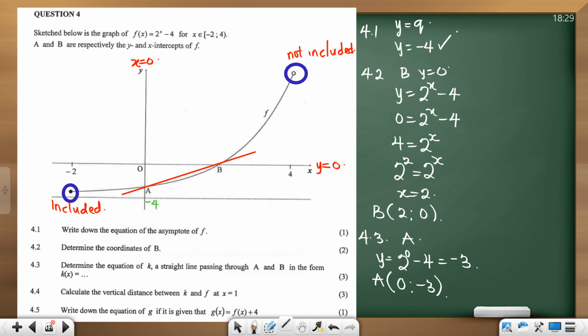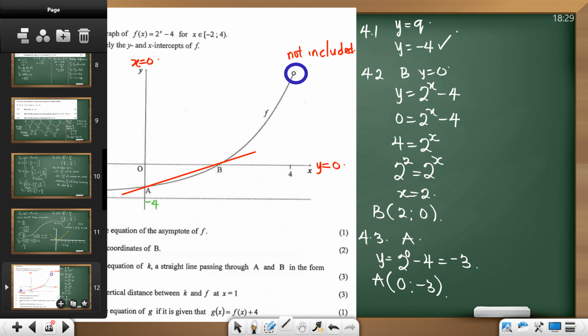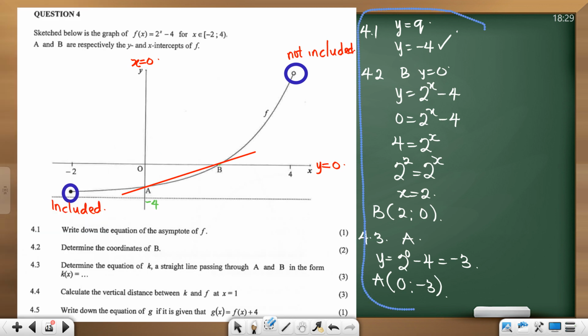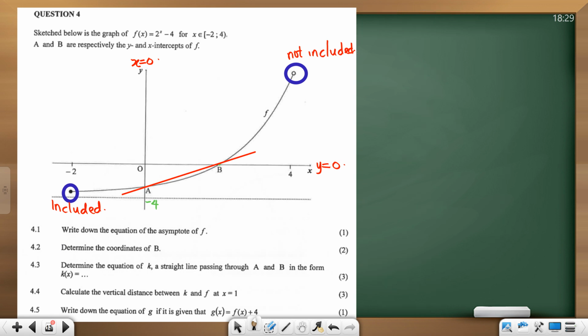Now, can we get the equation of the line K? We now know our A and we know our B. We are looking for the equation of that line. So we know our A as what? What is B, by the way?